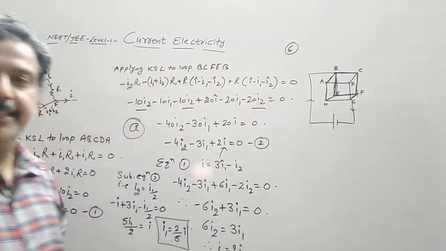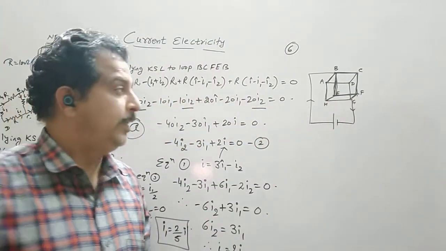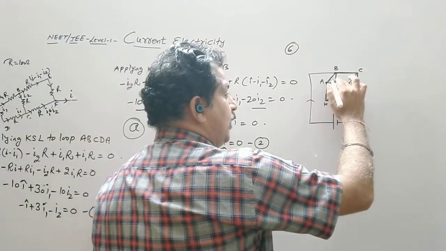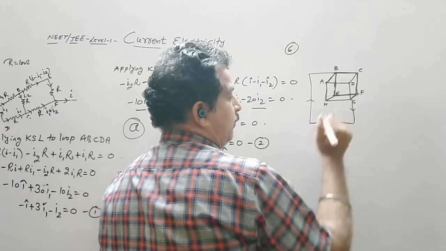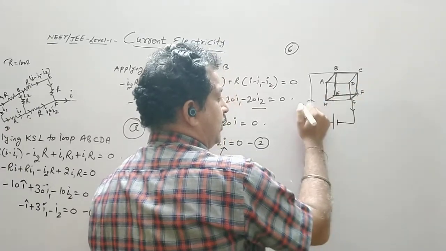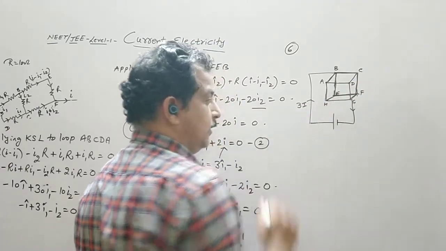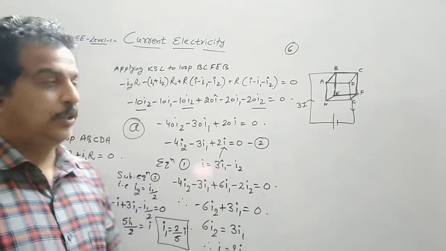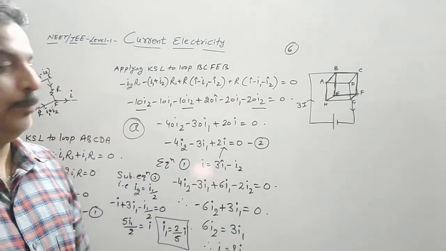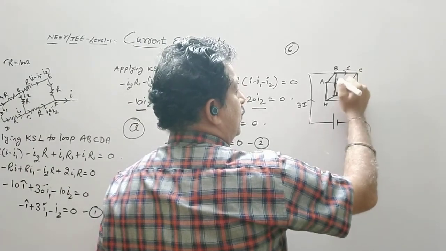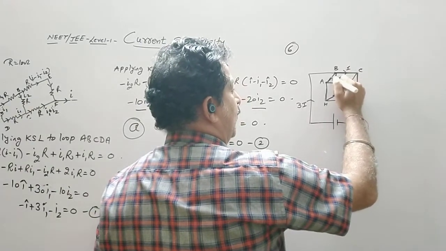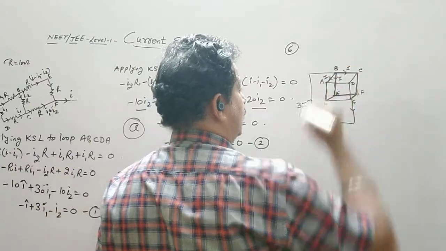So they are identical paths. So current will be distributed equally when it comes to the junction B. So in the first instant, let us take current I, 3I, because it is divided into 3 equal parts. So if I take the distribution to be I, then I to this side and another I to this side.